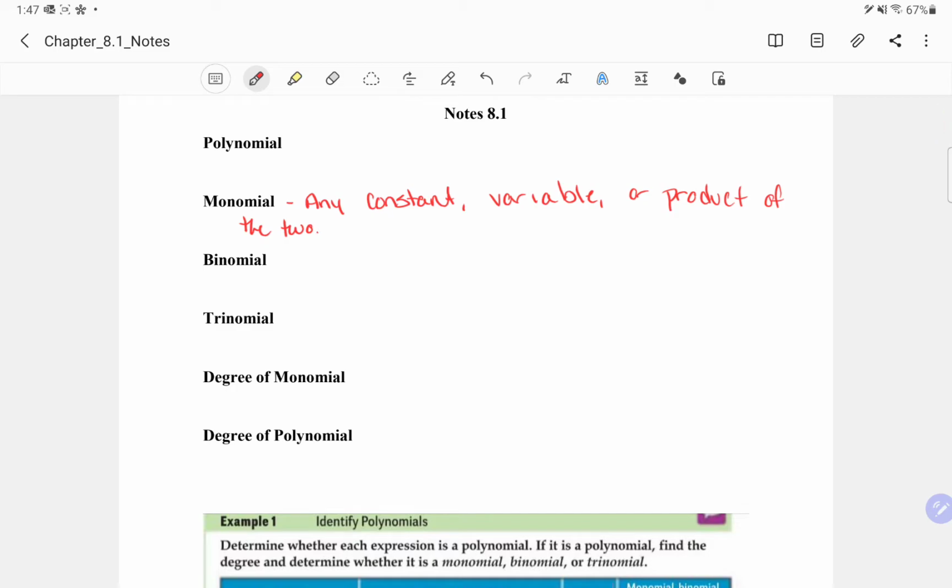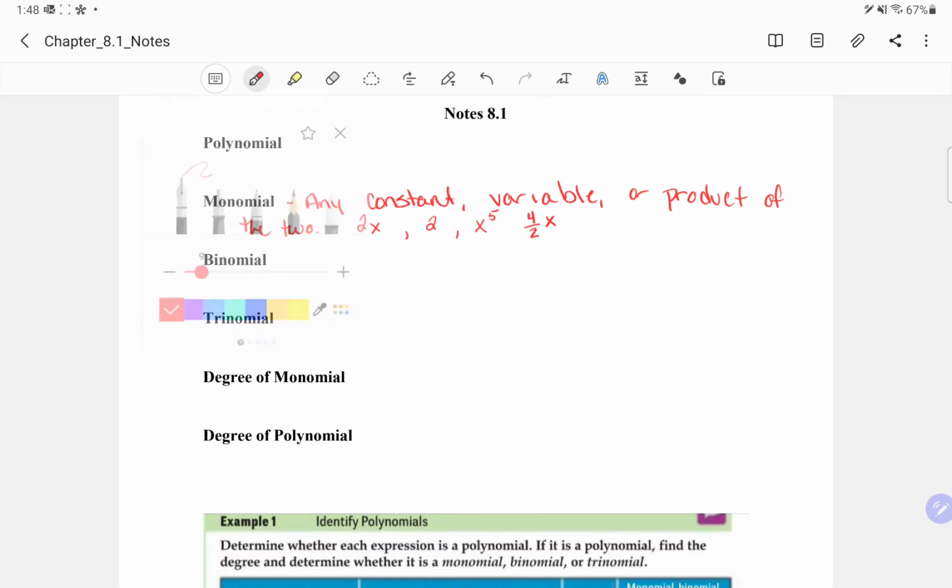Okay, so things that are monomials are going to be like 2x, 2, x to the 5th, 4 over 2 times x is. This is not. The variable cannot be in the bottom, okay? It cannot be on the denominator, okay?